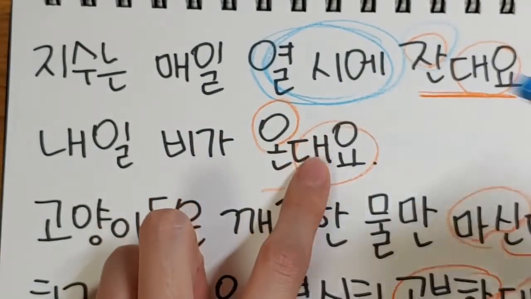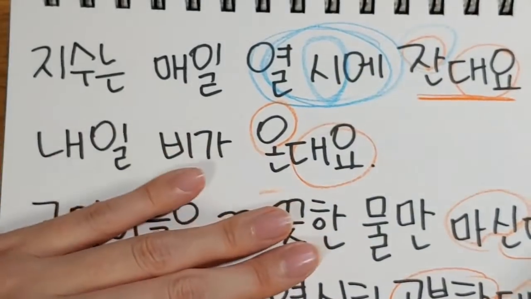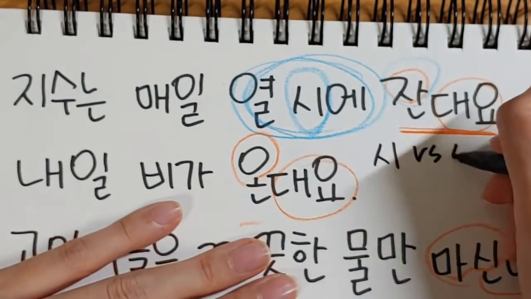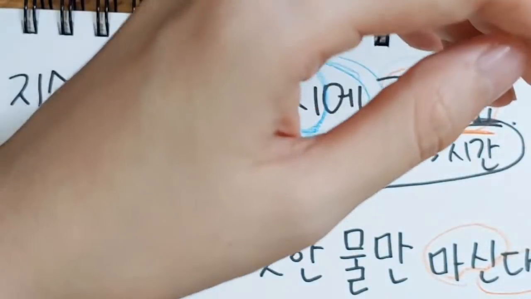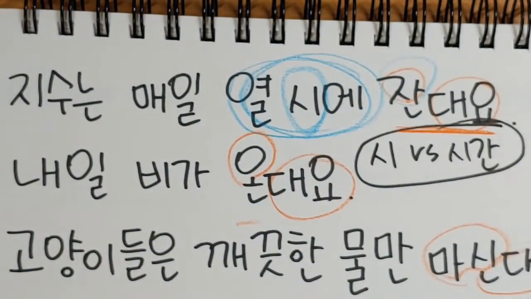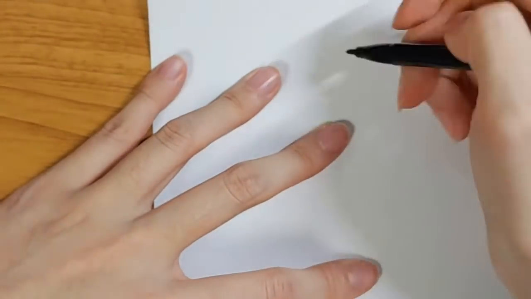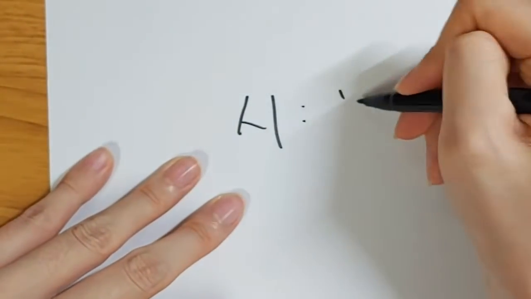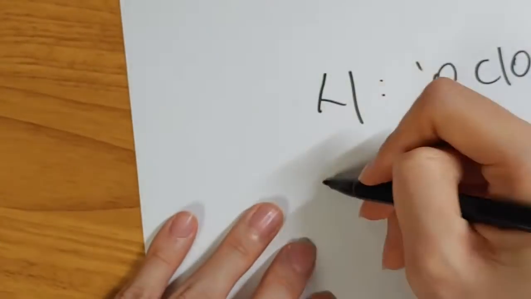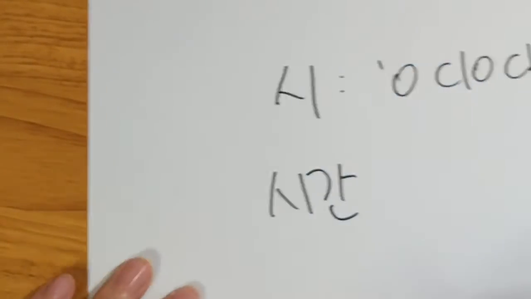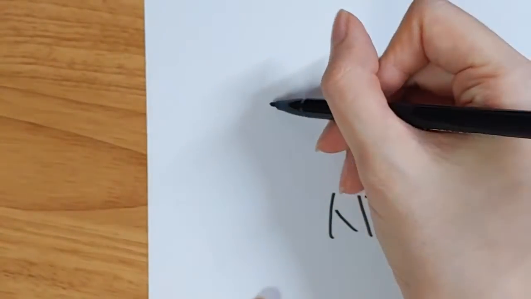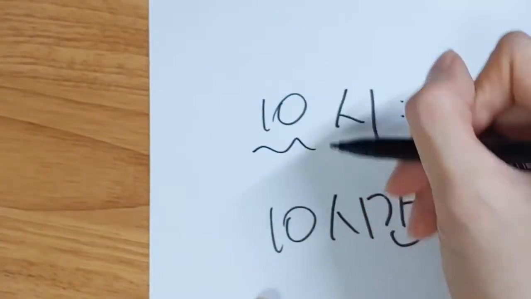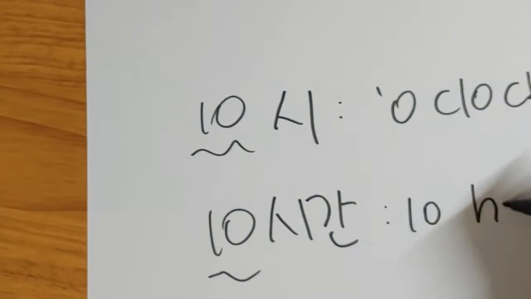Because it's 시, not 시간. So I find that a lot of learners get confused with 시 and 시간, which is understandable because they look very similar, right? But how you can differentiate them is, let me give you a small tip, guys. 시 means o'clock, and 시간, its first meaning is time. It literally means time, but if you say it with the number, it means 10 hours.